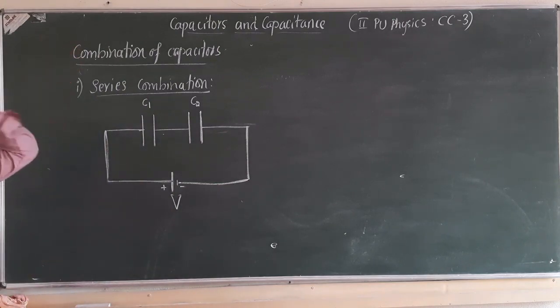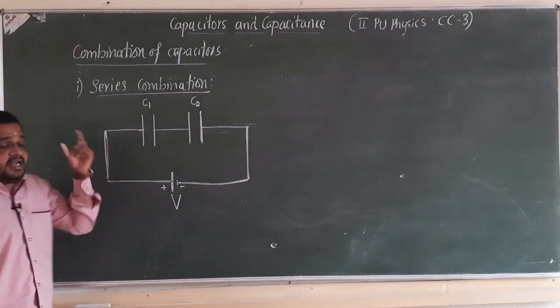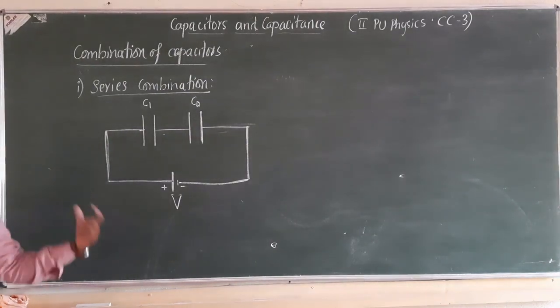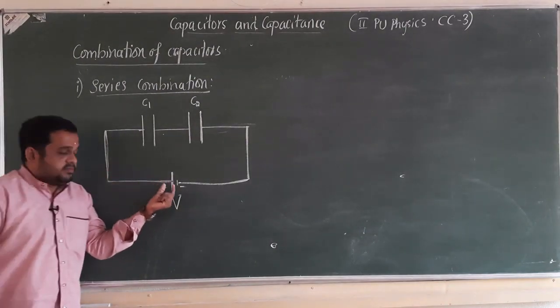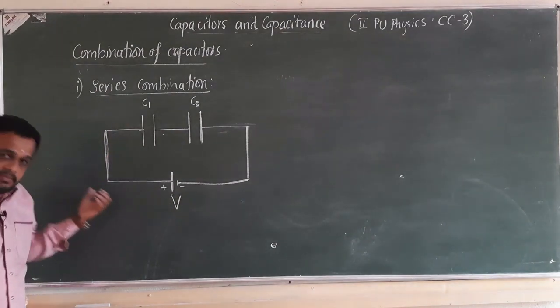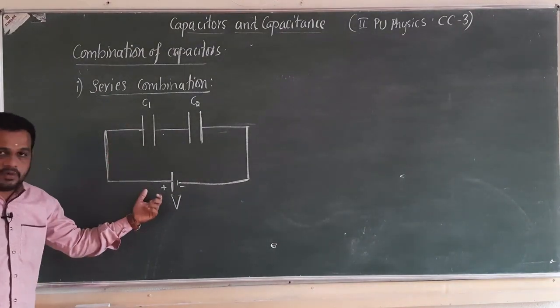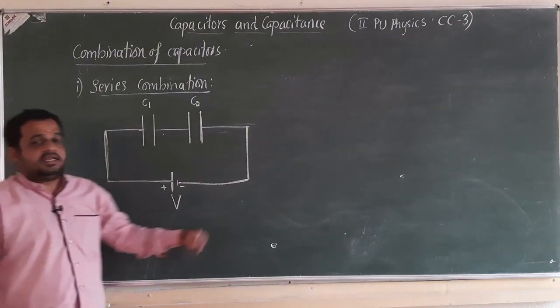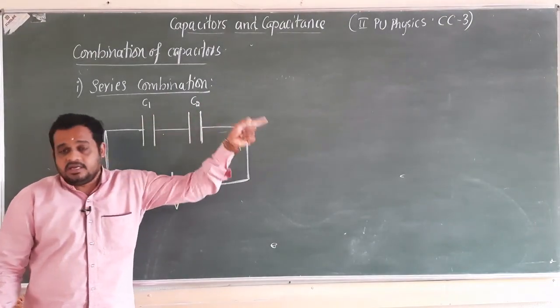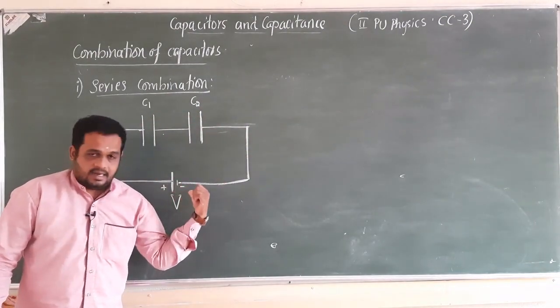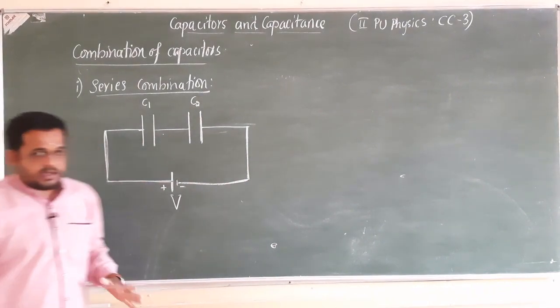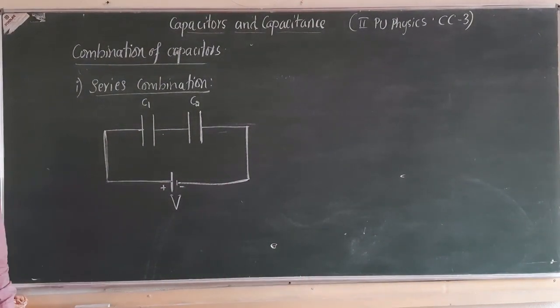Just recall the charging process of a capacitor. When an uncharged capacitor is connected to external battery, positive terminal of the battery removes electrons from the plate which is connected to positive terminal, and those electrons are delivered to another plate. That was the condition we discussed earlier, that is charging of a capacitor. Now same thing happens here.